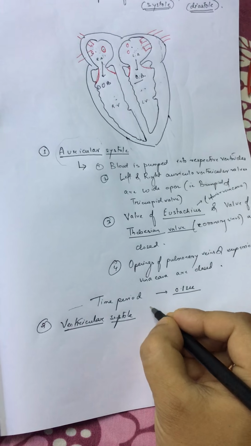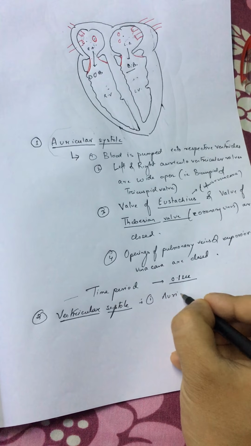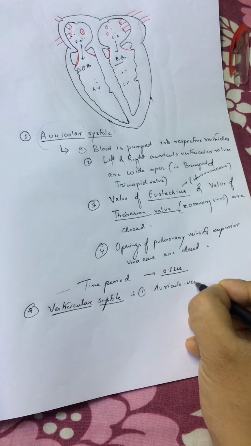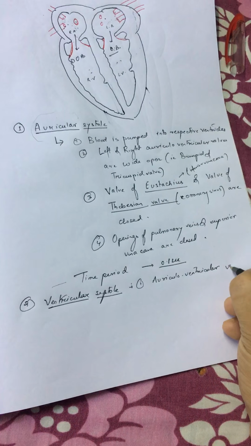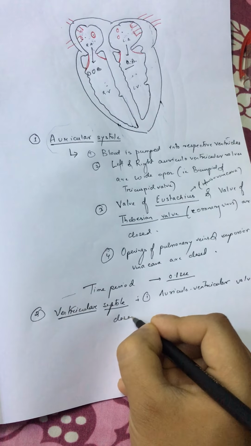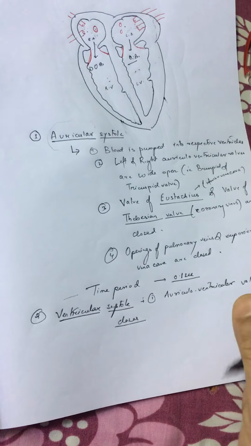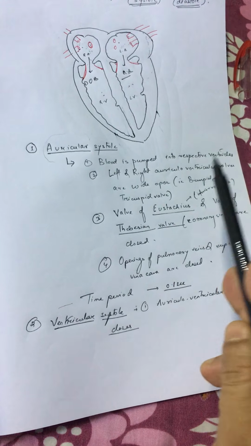So during ventricular systole, the first thing we see is that the auriculoventricular valves close.